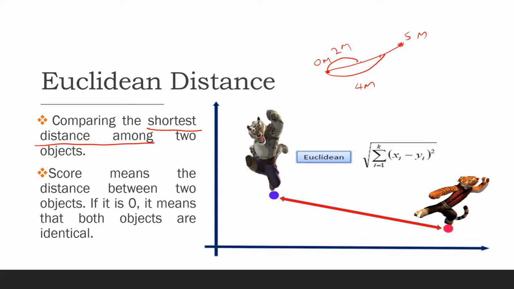After some time they move close to each other, and their similarity increases. If the distance between the two objects is 0, they are highly similar. There is no dissimilarity between them. A distance of 0 means both objects are identical, both objects are equal.